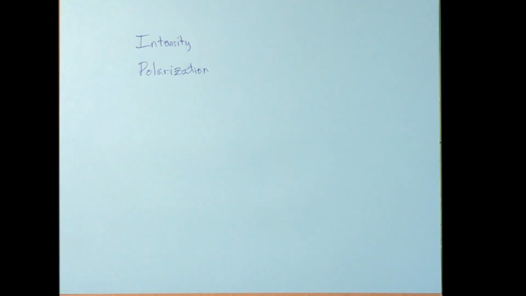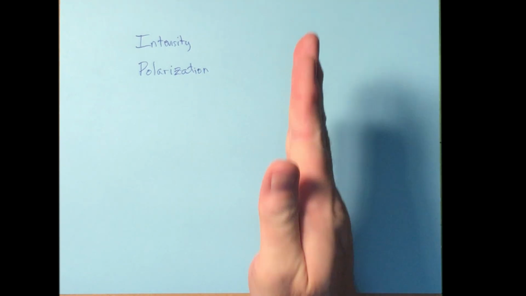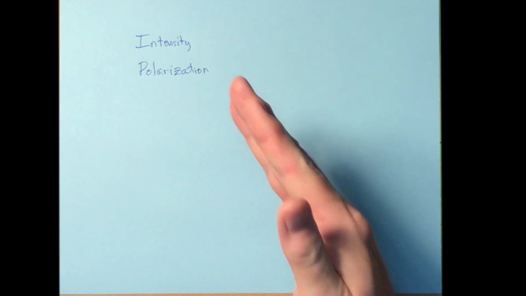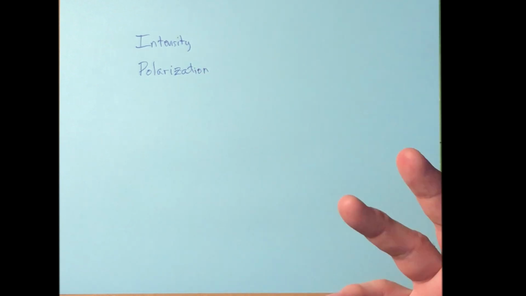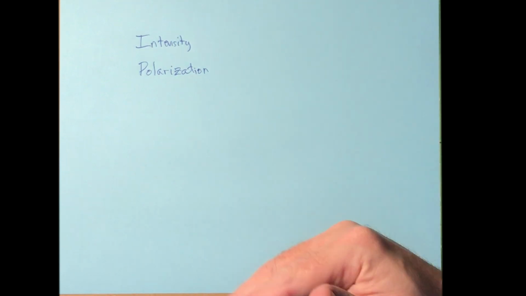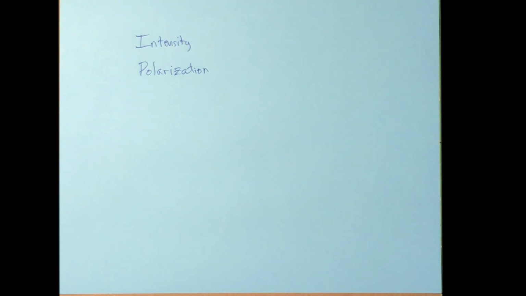Polarization has to do with the electric and magnetic fields becoming lined up, because not every light source emits electric field waves in the same direction. One wave may come off in this direction, the next in that direction, the next in this direction. So over time, those E field directions are all over the map.